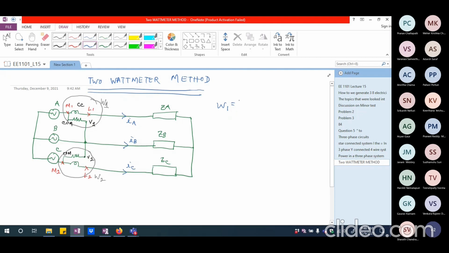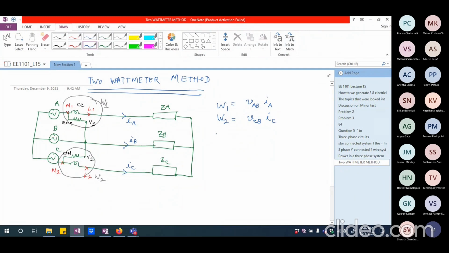I should write this as VAB multiplied by IA. That is what is coming across wattmeter 1. And wattmeter 2 is going to read, please note that it's measuring the voltage of C with respect to B. So I have to write this as VCB multiplied by IC.